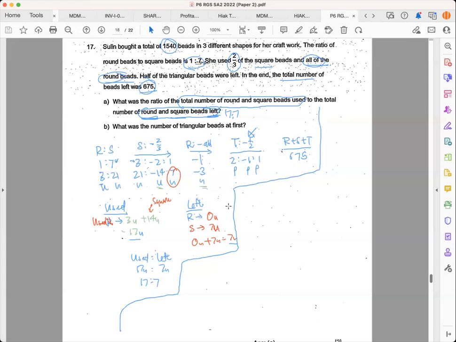So total bits at first is 3 units of round, plus 21 units of square, plus 2 parts of the triangle. So all these add up to 1540. You see here, this 1540.